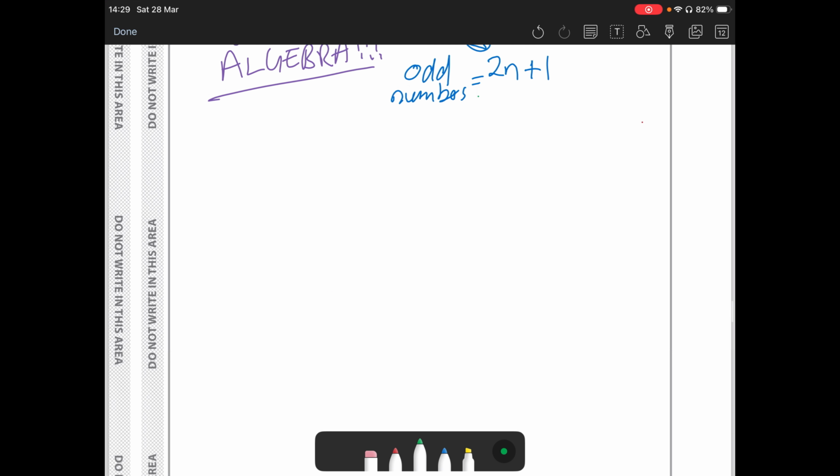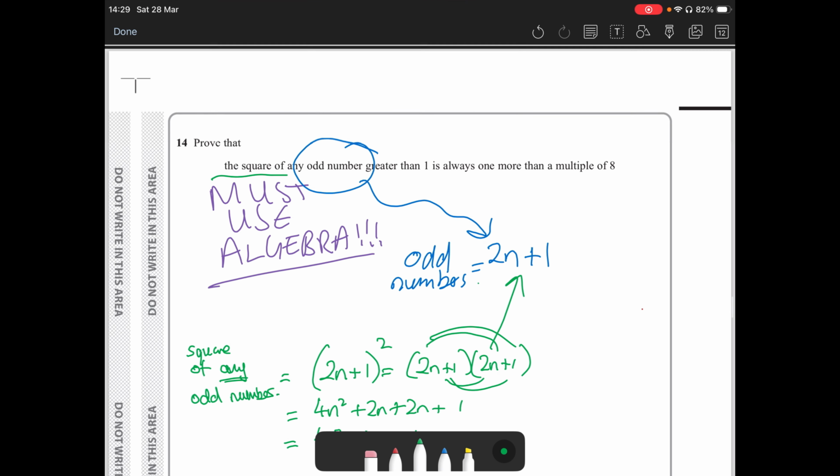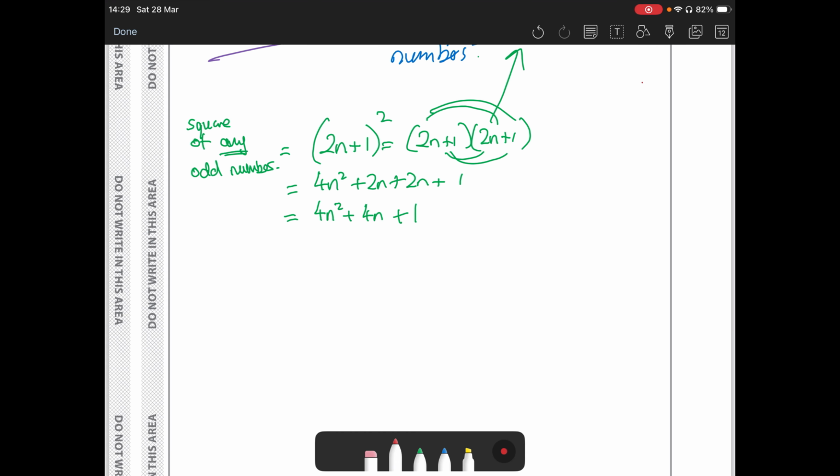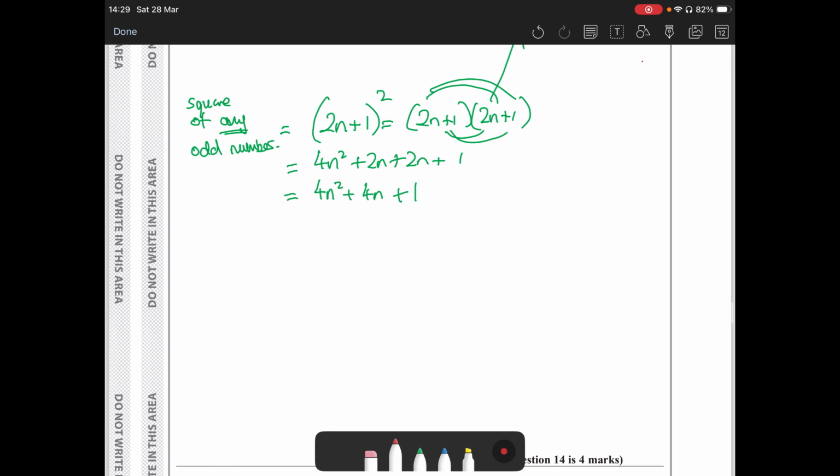plus 1. Now, interestingly, and this is what made me hesitate slightly earlier, we need to prove it's a multiple of 8. Usually, we'd be able to factorize 8 out of the expression, leaving the plus 1 at the end. But there's no 8. And initially, this would be cause for concern. Okay, but here's what you need to do.